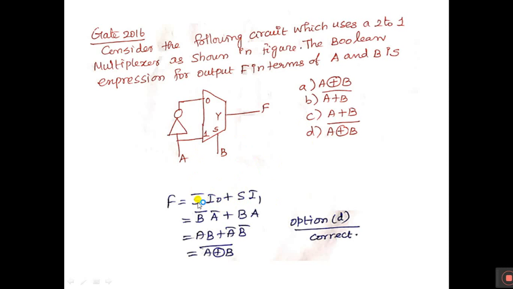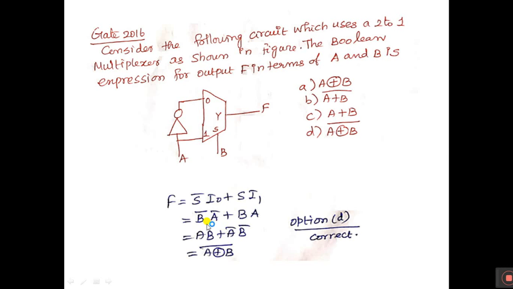Here instead of S bar I can write B bar. Instead of I0 I can write A bar, because the input is A with an inverter connected. So A bar appears in this location, and instead of I1 I can write A.